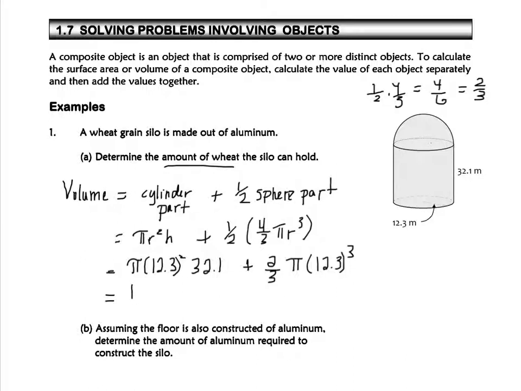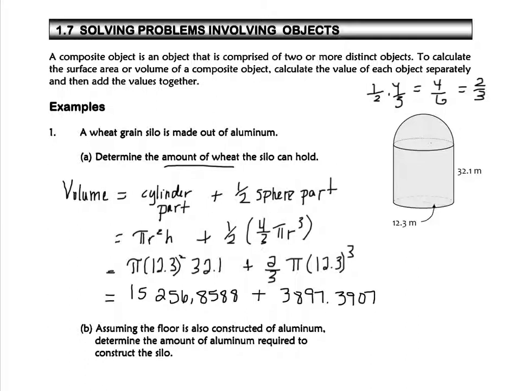That's going to give you 15,256.8588, plus 12.3 cubed times pi times 2, and then divide your answer by 3. You get 3897.3907.